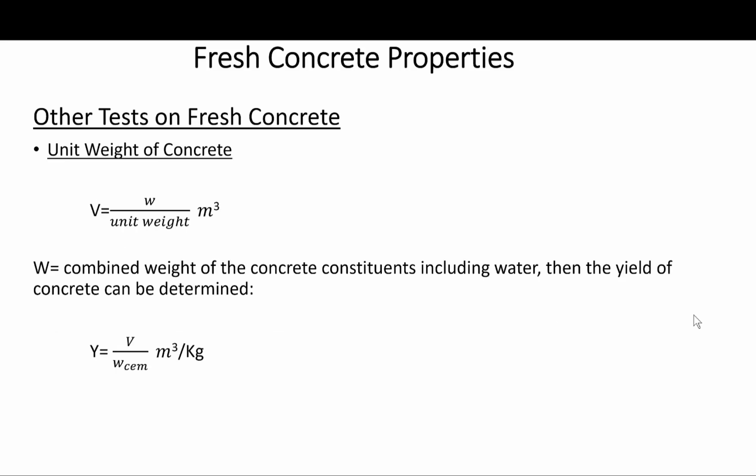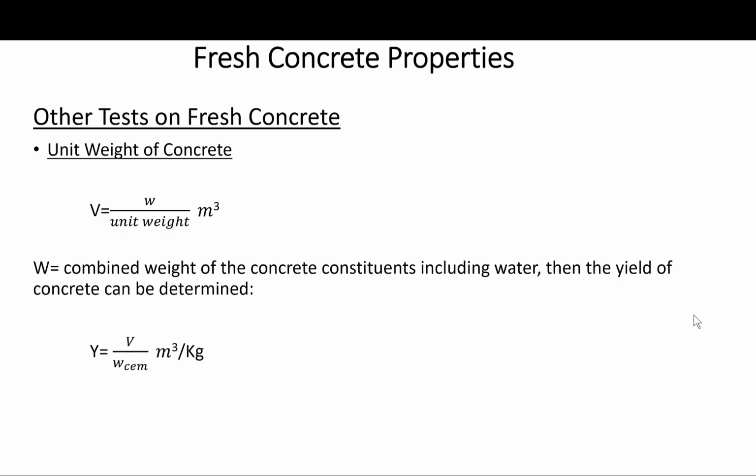The next test is the unit weight of the concrete and the yield. As we remember, the density, which is the unit weight of the fresh concrete, can be determined by weighing a known volume of the concrete. It is usual to weigh the sample of concrete used for the air measurement immediately before the air content is determined, since this is a known volume of concrete.